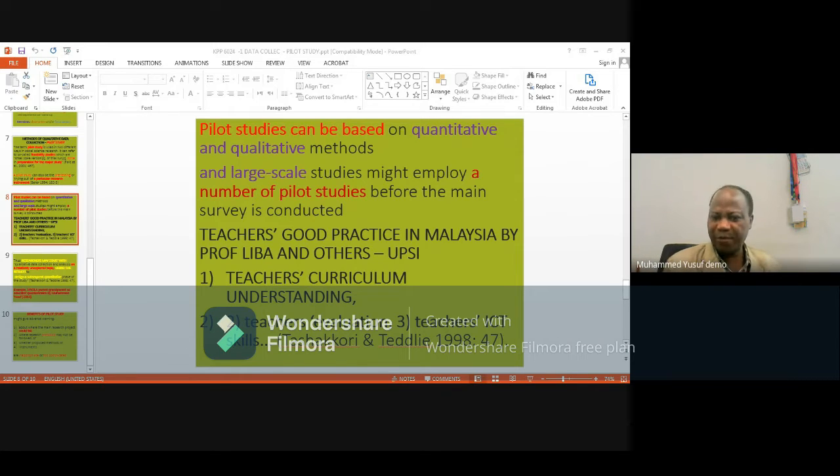Then you keep it. After the modified version of the instrument or research protocol, you keep both of them. The original you gave them, with the comments, keep it. Then the updated or improved version, the version that you have corrected, keep it in your attachment at the end of your research.